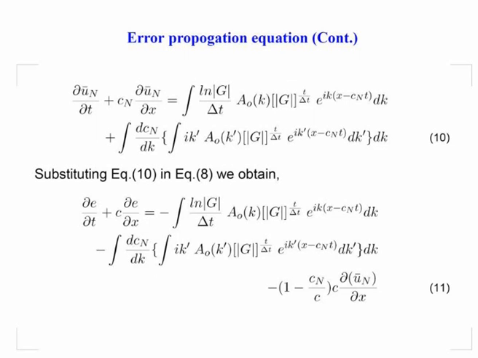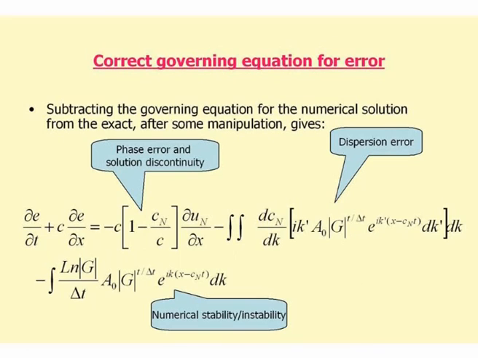If I have a neutrally stable method, then mod g is 1, ln g is 0. So, you do not accumulate any error if you have a neutrally stable method. You substitute all of this and you get these three sets of terms. It is such a simple common sense observation.